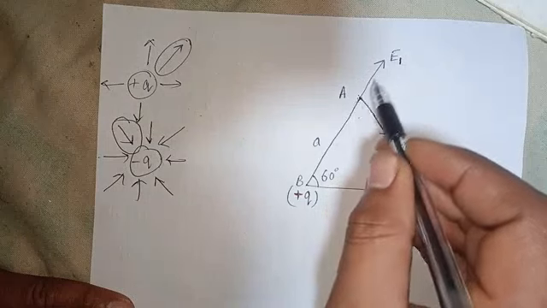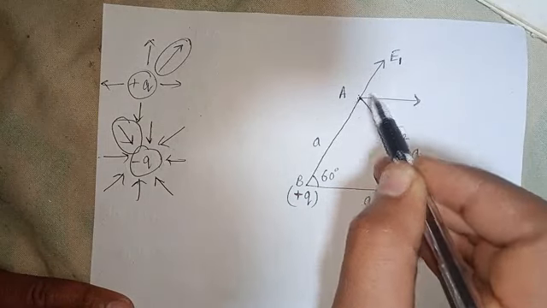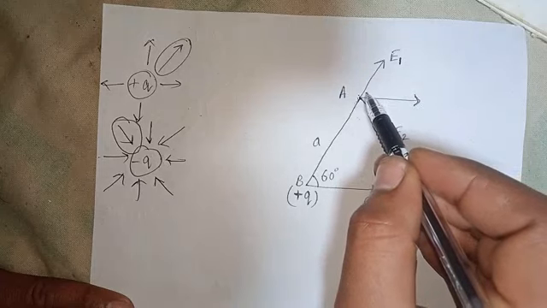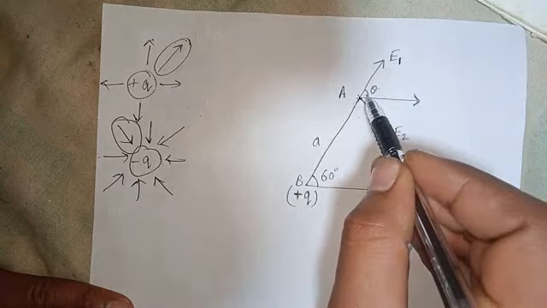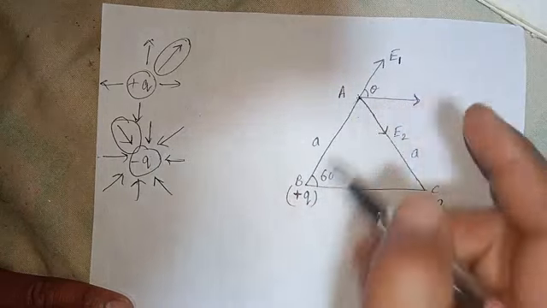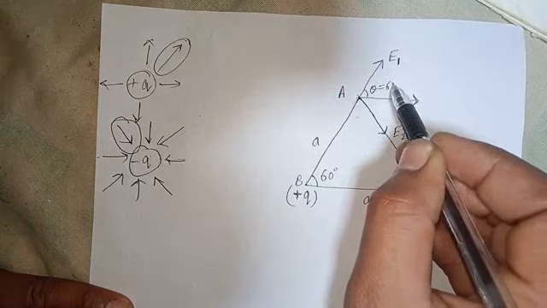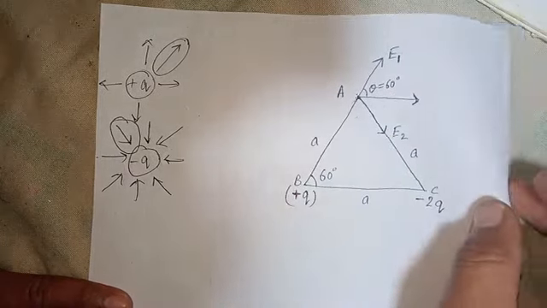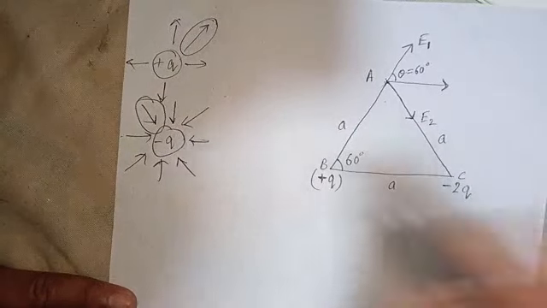Let us suppose E1 is making angle theta with the horizontal, and we know this angle and this angle will be equal because these are corresponding angles. So if the angle theta is 60 degrees, let us calculate the value of E1.